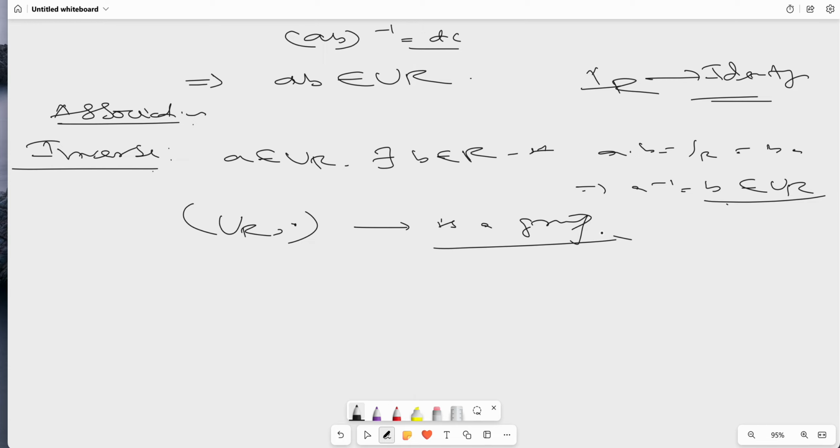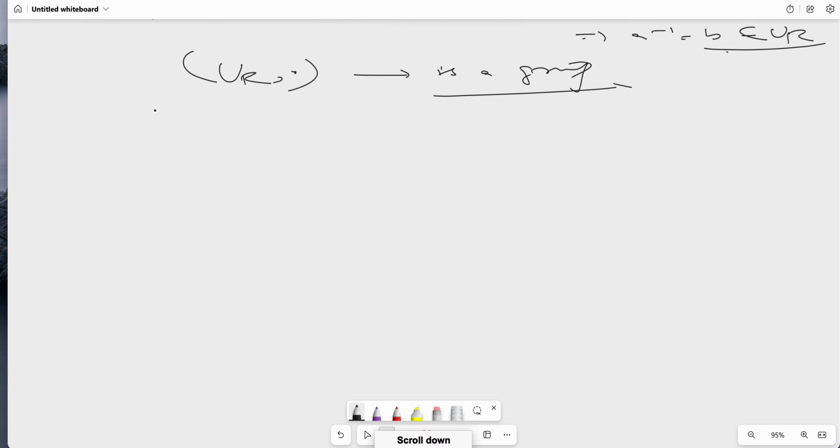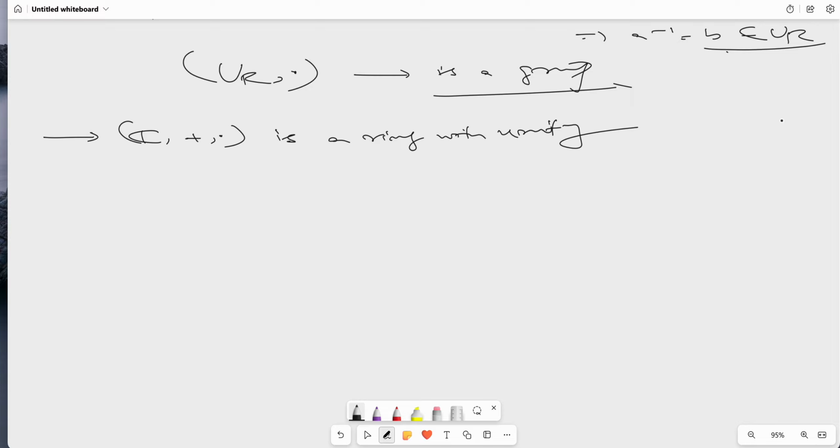Now I'm giving you some structures. C, the complex numbers, with plus and dot, is a ring with unity 1_R, which is actually 1.